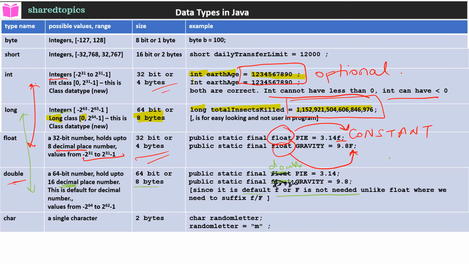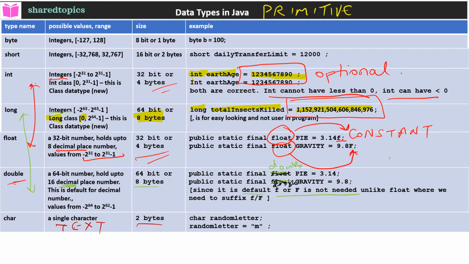Okay, next coming on to character, which is the only text primitive data type. This is a primitive data type, and this is the only text data type we have in primitive, which is char, a single character which takes only 2 bytes.